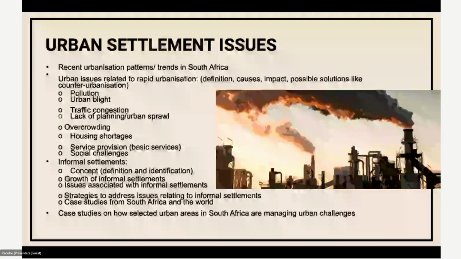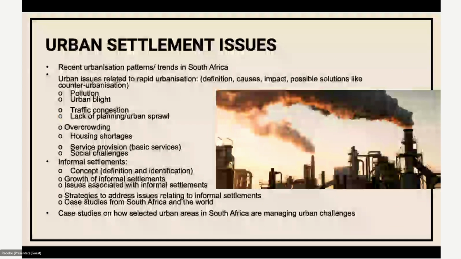And then service provision. If the population in an urban area increases, it's going to be difficult for the municipality to provide services like water and sanitation. So make sure that you explain to your learners, and give them examples of the basic services that will be hampered by the growth, or the rural-urban migration, or urbanization.